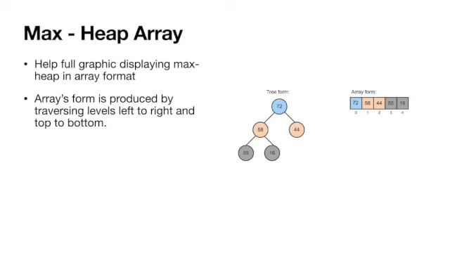You can see that position 0 in the array is the root node, followed by 58 and 44, which are the children of the root node, and then 55 and 16, the next level's children. And it continues that pattern throughout the whole tree, regardless of the size of the tree.